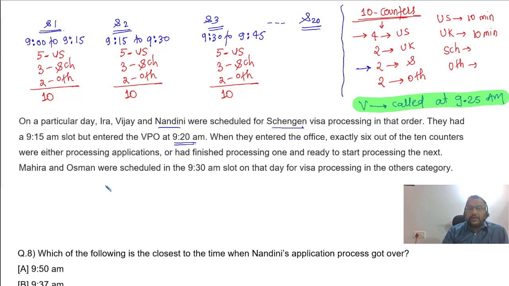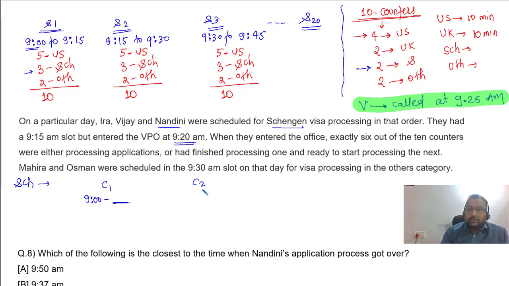So there are two dedicated counters for the Schengen visa, counter 1 and counter 2. The first application at 9 o'clock, 3 people came for the Schengen visa. The first person's application will start at 9 o'clock and end after a few minutes.